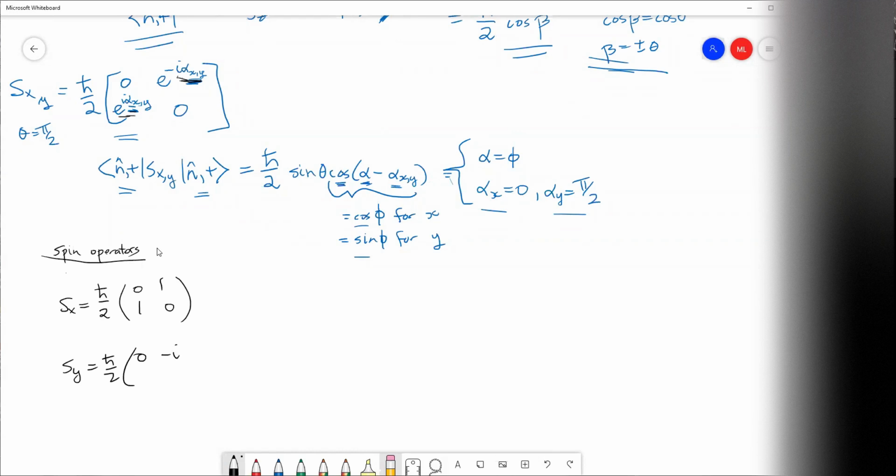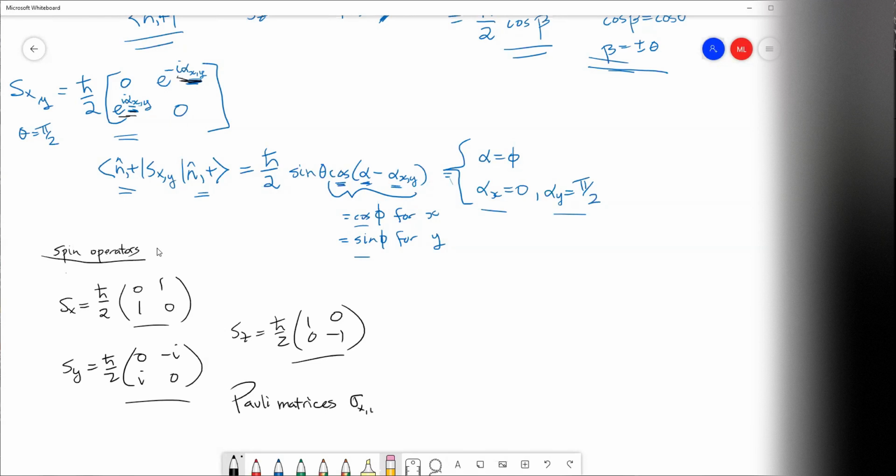And over here, it's e to the i pi over 2, that's just plus i, and these are 0. And then S_z is what we had before, it's just h bar over 2, 1, minus 1, 0, 0. And these guys out here are called the Pauli matrices. They're denoted by sigma x, y, and z.